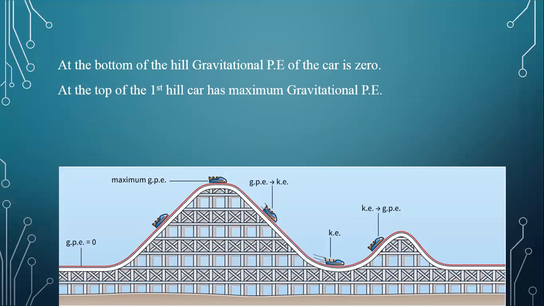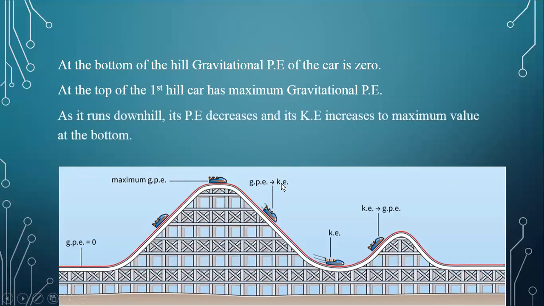So when it starts moving downward from the top of this hill, its gravitational potential energy starts decreasing, but kinetic energy is increasing. So we can say that gravitational potential energy changes to kinetic energy. And at this position, it has maximum kinetic energy.